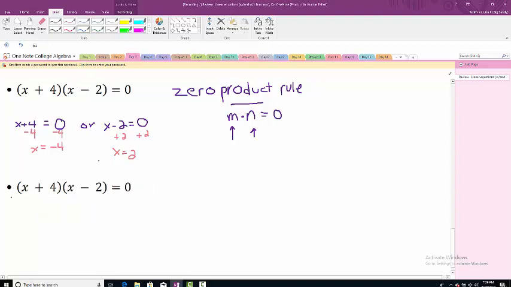Now let's replace x with 2. So we have 2 plus 4, and that's 6. And then we have 2 minus 2, and that's 0. And yes, 6 times 0 is 0. So that's the zero product rule. If we could get a situation like this, we just set each factor equal to 0.